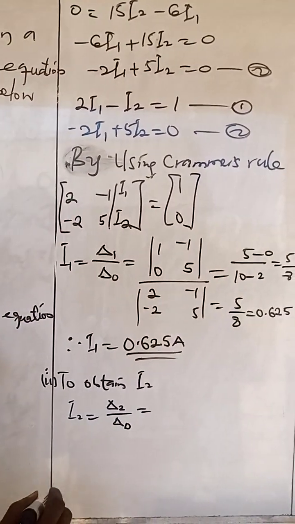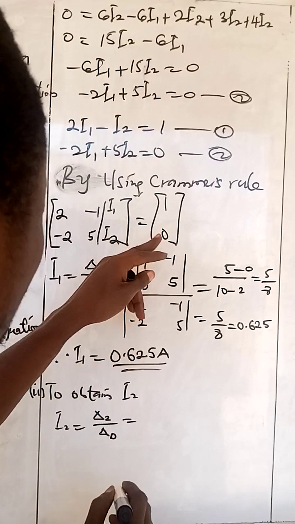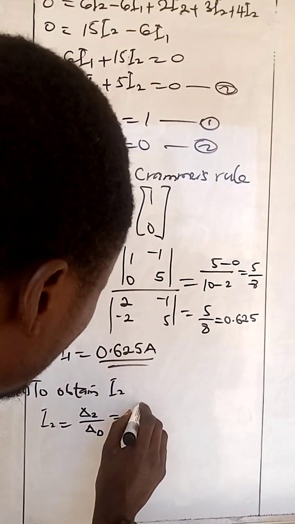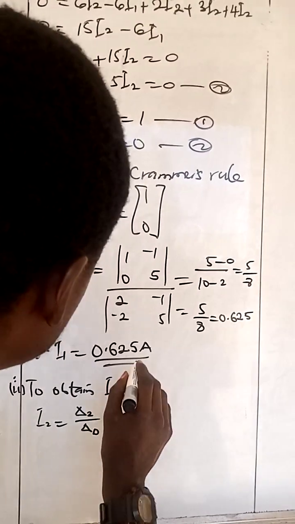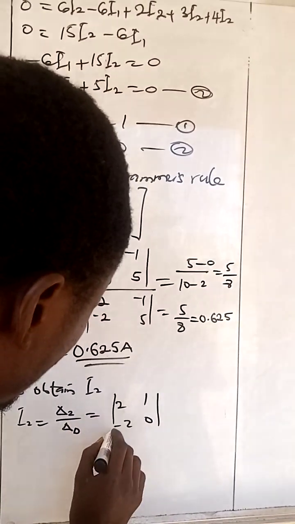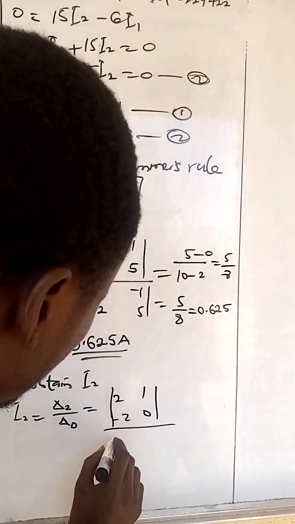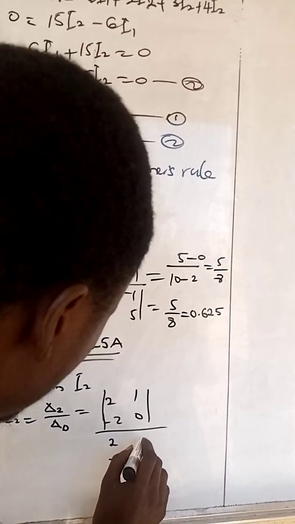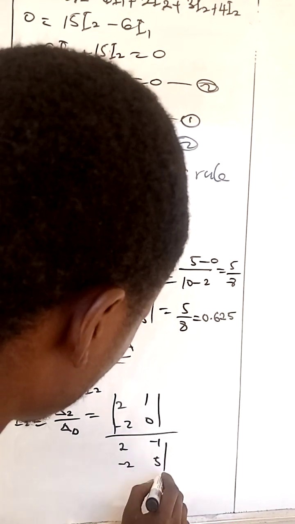So our delta 2 is that we are going to replace this column with this. So we now have 2, minus 2, 1, 0, divided by 2, minus 2, minus 1, 5.